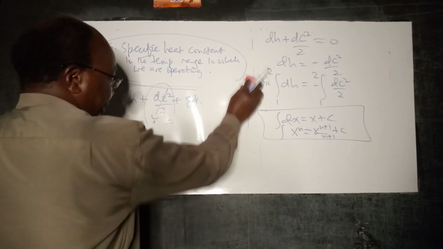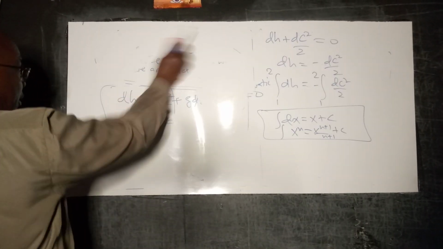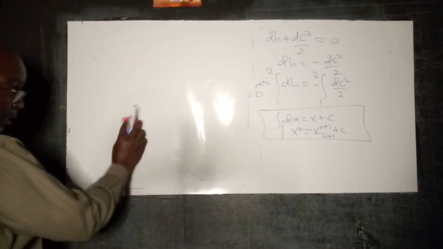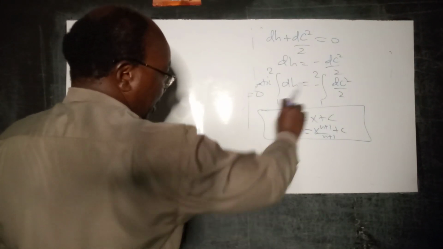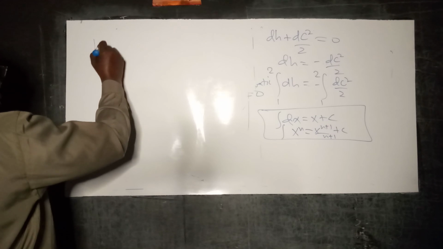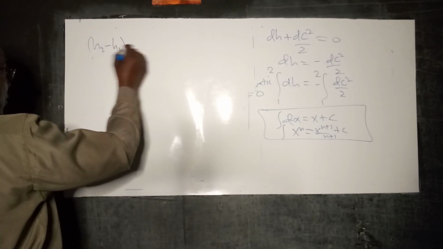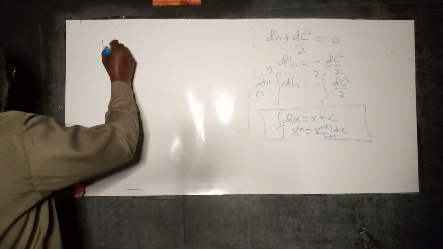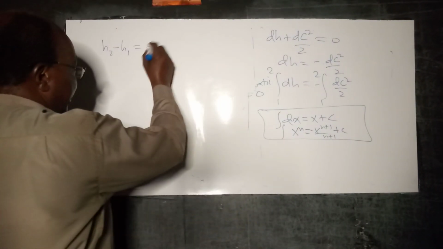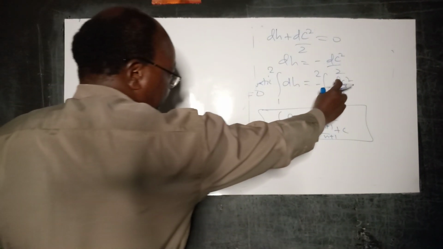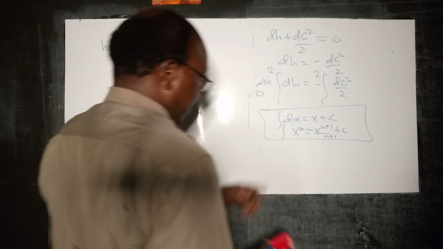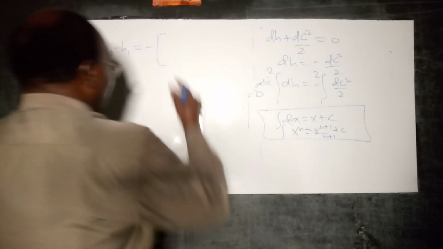So let's see what we get now. We have H2 minus H1 equal to minus the integral, that is, C squared over 2.